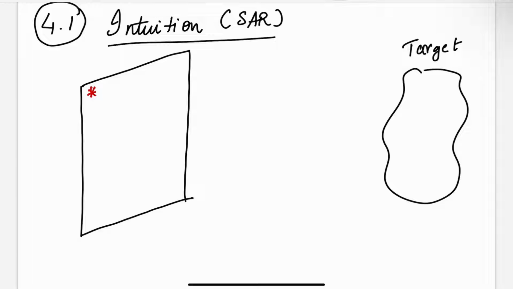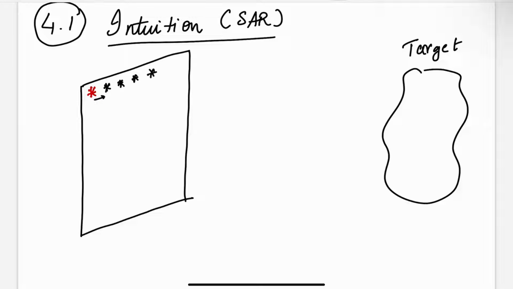What I can do is illuminate this target from this antenna or radar, and then collect the backscattered data, and then move the radar. So I'll move it from here to here, and then collect the data again. Then again, move it here, collect data, move it here, collect data, and so on.